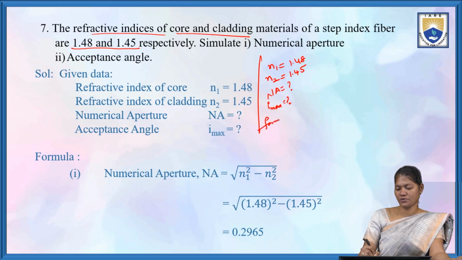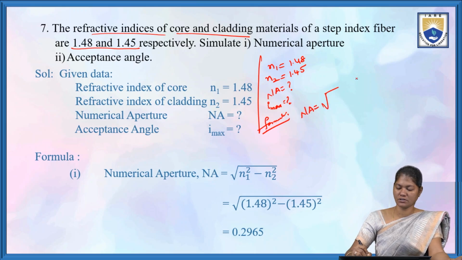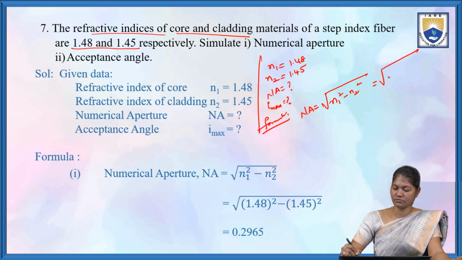The formula we use here to find the numerical aperture is NA equal to root of N1 square minus N2 square. So root of 1.48 whole square minus 1.45 whole square. So it is equal to 0.2965.